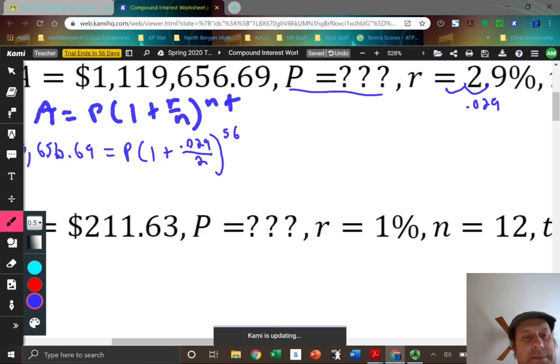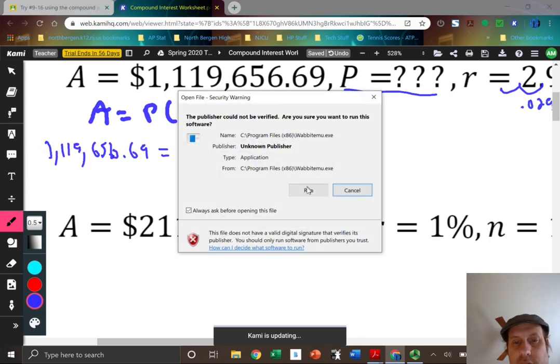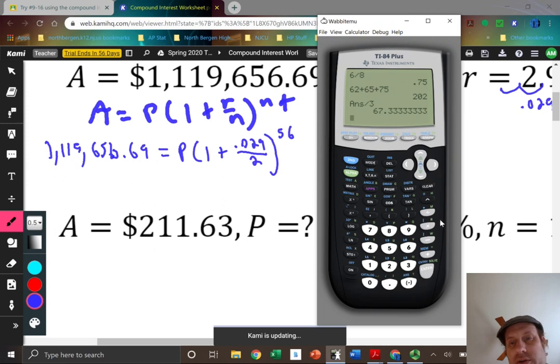So what do we do right here, you may be asking. This is just basically algebra. Even a Google calculator will do order of operations. First, I'm going to simplify inside the parentheses, so I'm going to say 1 plus 0.029 over 2.